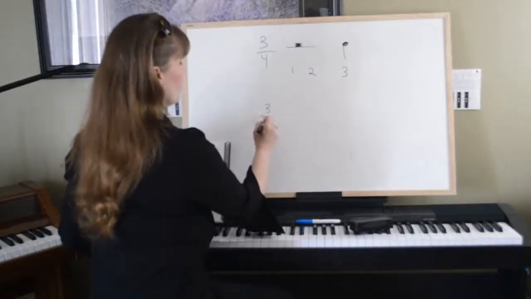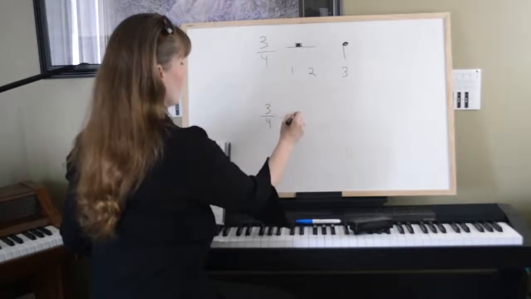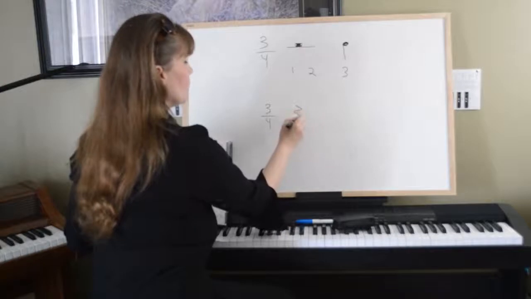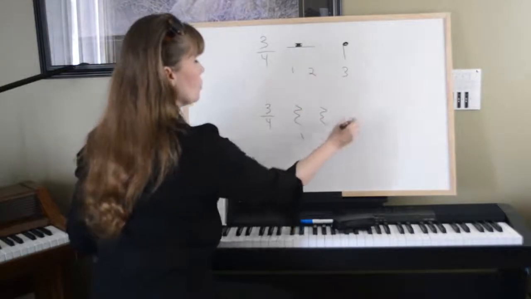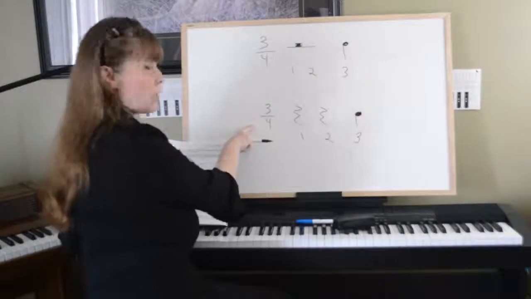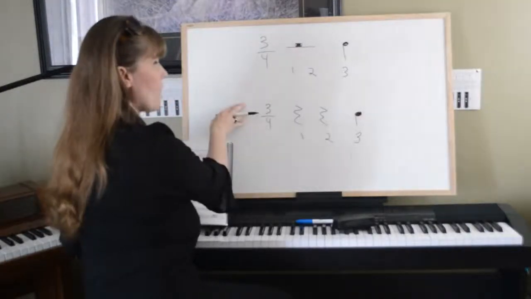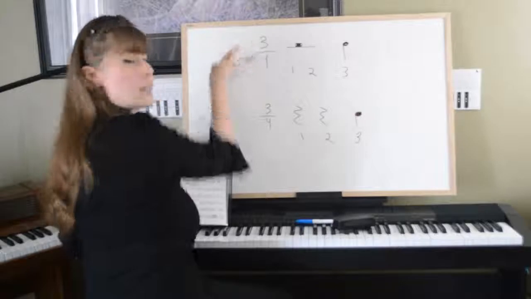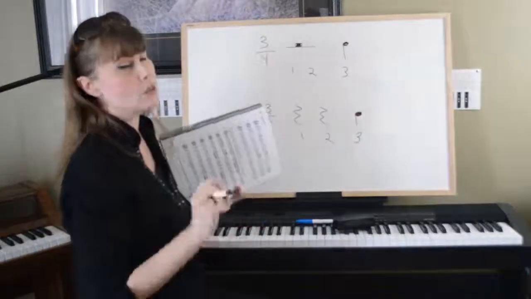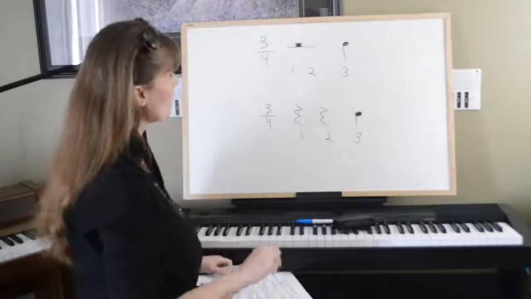Instead, you would notate it with individual counts, beats 1 and 2, and then they gave you beat 3. So this is the required way. Keep them separate in 3/4 time. And at a later date, we'll be doing the groupings of 1 and 2. So it's not technically wrong, but you would get it wrong on this particular examination.